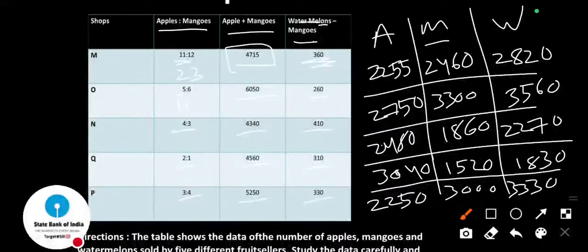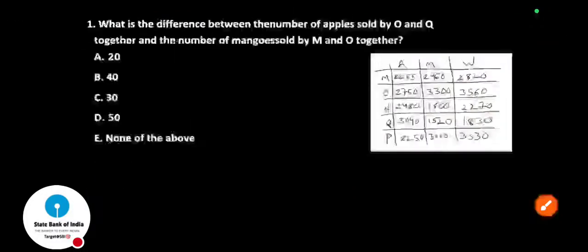So let's see the questions that are asked for this data interpretation. Here is the question and here is the data we have.